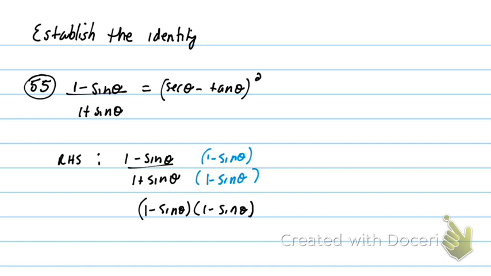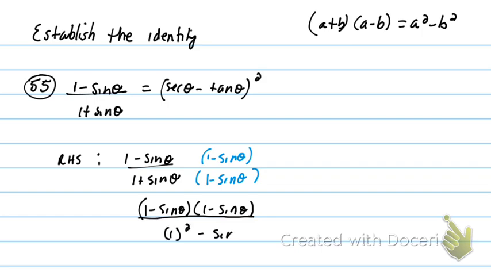I'm not sure if I want to write that as a quantity squared yet, so I'm just going to leave it. But in the bottom, I definitely want to use the conjugate part: a plus b times a minus b is a squared minus b squared. That's why I brought it in. So I'm going to have 1 squared minus sine squared. Are you guys okay with that?